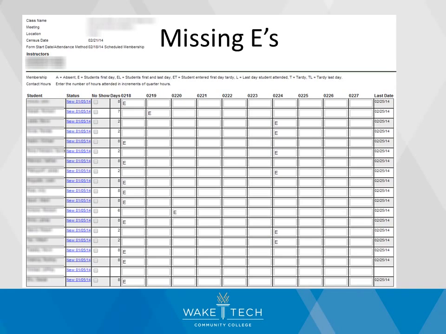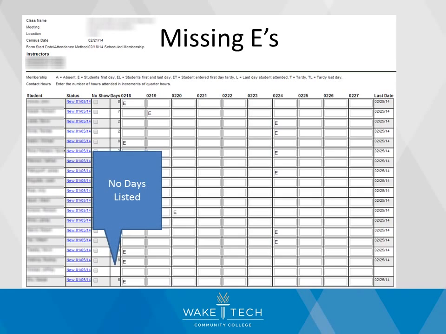As you get further into the semester, the E's will no longer be visible, and there are some surefire ways for you to find out whether or not you have a student who is missing an E. The first thing that you're going to notice is when you do not have an E for a student, the days on the far left-hand side are not going to populate.